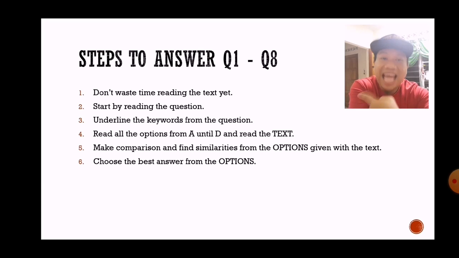Next, the last step is, of course, you have to choose the best answer from the option. After you have chosen the best answer, don't forget, remember, in the answer booklet later on, you will have a section there where you have to fill in the answer. Ruangan belakang tu nanti awak kena letak jawapan dia. Normally I would advise you to use 2B pencil.